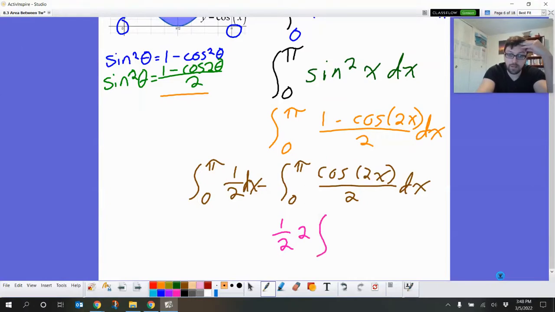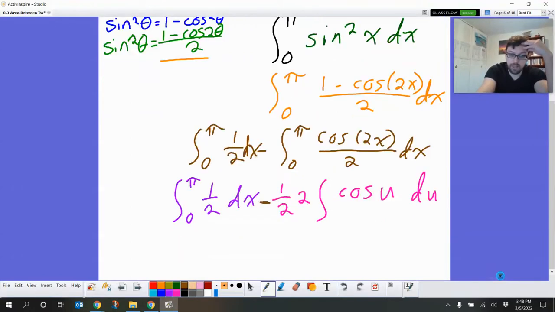And then it's going to be the integral of cosine of u du. Over on the other side, we can integrate that, no problem. So I'll just leave it alone. Won't do the integration yet. And then we still got the minus. Okay, so that 1/2 of 2, that's just going to go away.